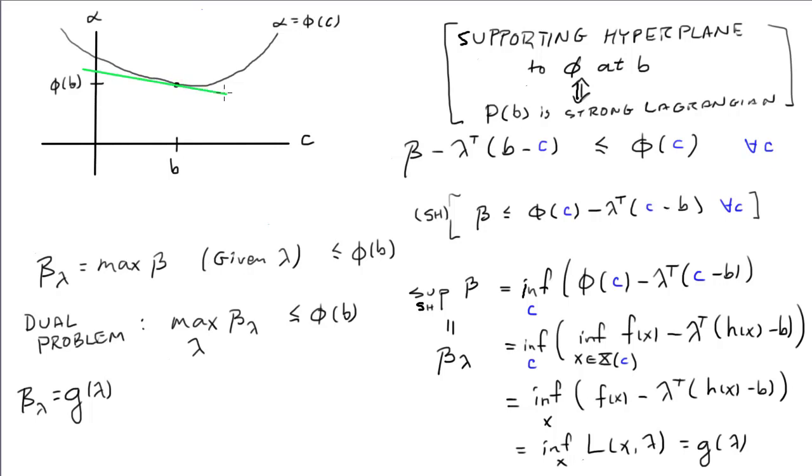And I have a point of tangency where it's a supporting hyperplane. Replacing beta with phi of b. Let's prove that the supporting hyperplane gives us a strong Lagrangian.